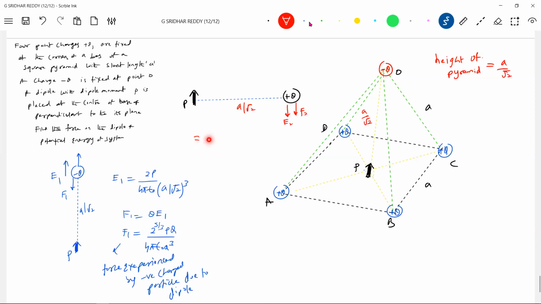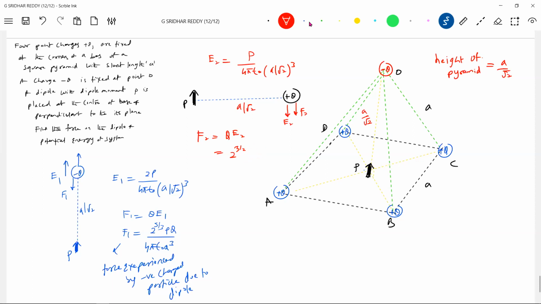First, we'll calculate the field E2. E2 should be equal to P by 4 pi epsilon naught (A by root 2) whole cube. Then the force F2 should be equal to Q into E2, so QP. One more 2 is there, I think I missed it. So 2 to the power of 3 by 2 QP.